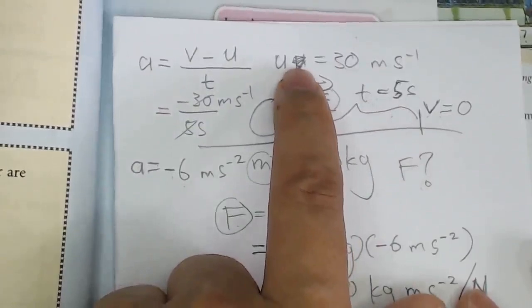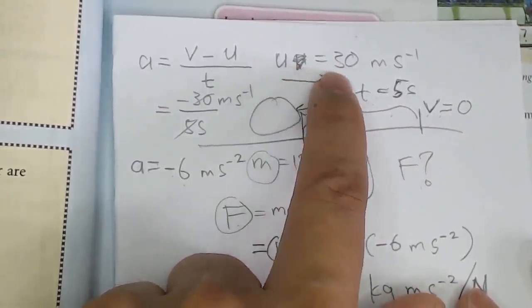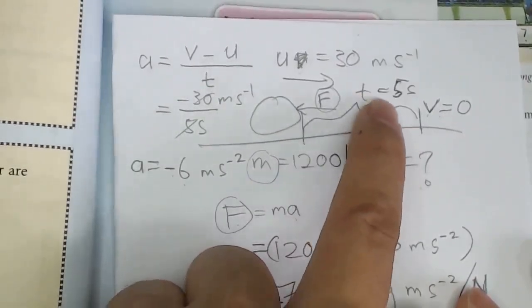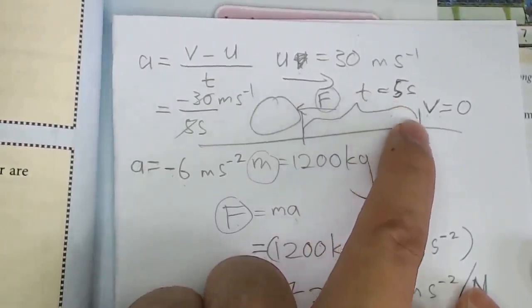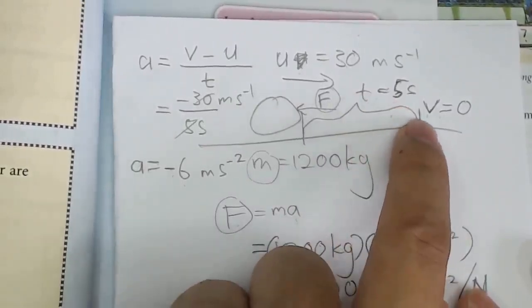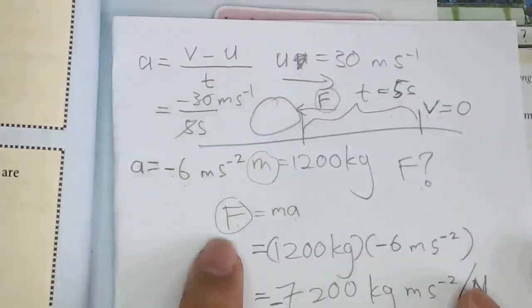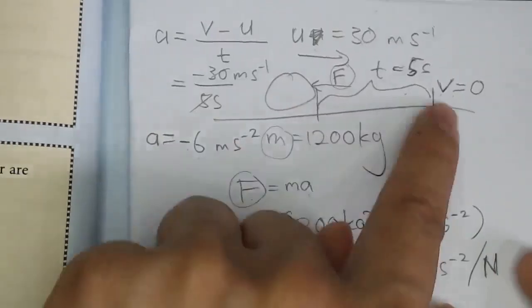The deceleration begins with initial velocity, that is u here, 30 meter per second, and it takes 5 seconds to come to a full stop, which is the velocity is equal to 0. Simple one, but how are you going to relate all of them together?